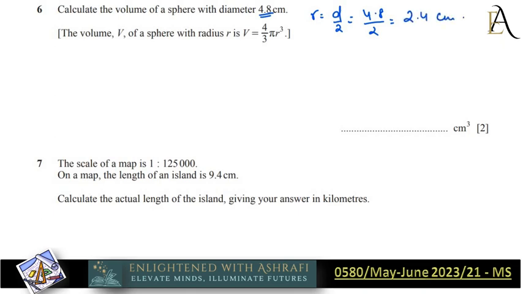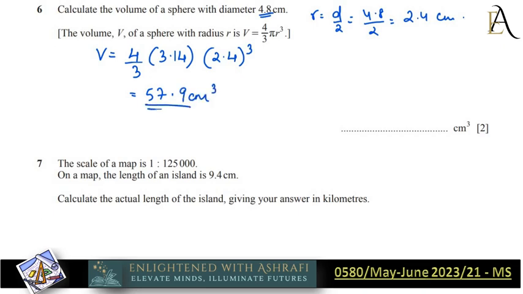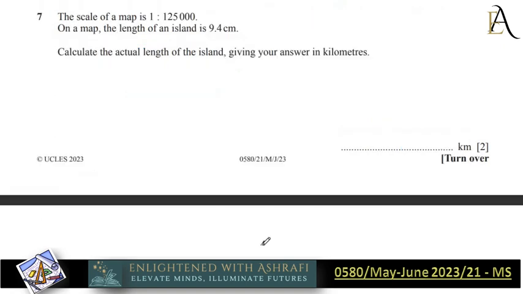Now let's substitute these values in the formula: 4 upon 3 times pi, which is 3.14, times 2.4 cubed. Finally, after all the calculations, we get 57.9 centimeters cubed. So the answer is 57.9 centimeters cubed.